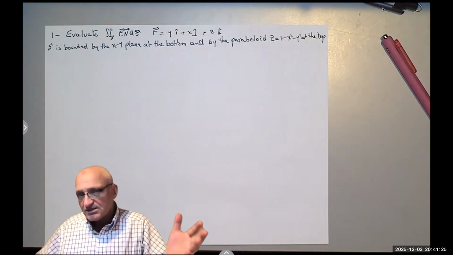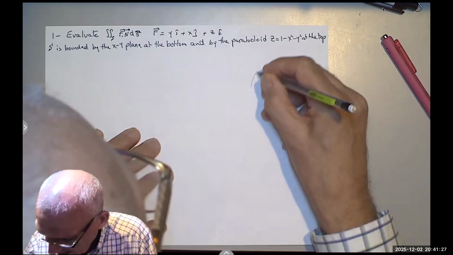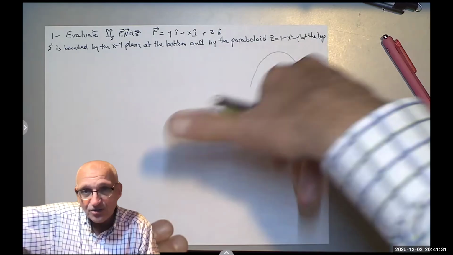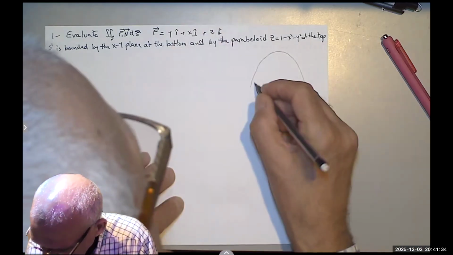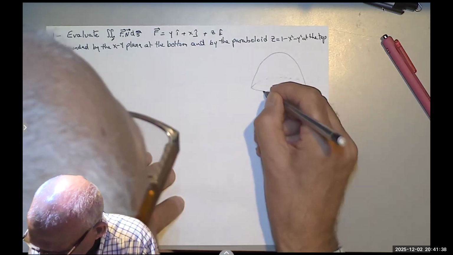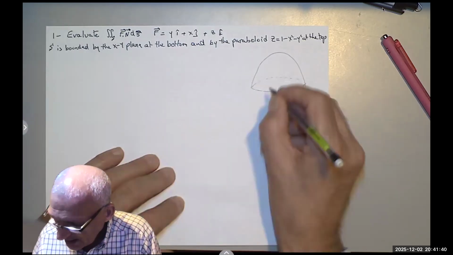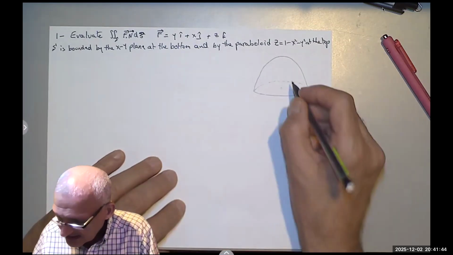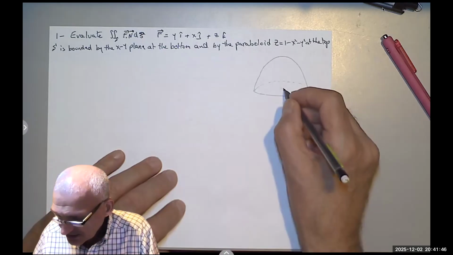The minus means it's opening down, something that looks like a parabola opening down, but it's a volume, right? So you can say here is the back and here is the front, and it's centered at the origin. We know that the radius is 1, right? This radius is 1.